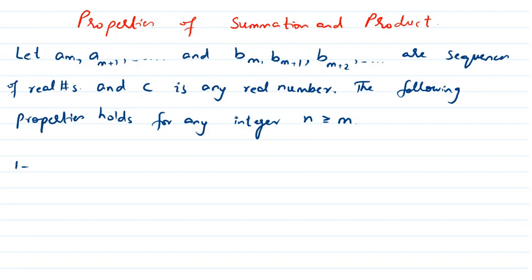Starting with the first property, we are going to have a summation that starts from m and ends at n, right? देखिए यहाँ पे जो ये notation है ये ही show करी है कि n greater than or equals to m है, यानी m से start हो रही है और n तक जा रही है, ठीक?